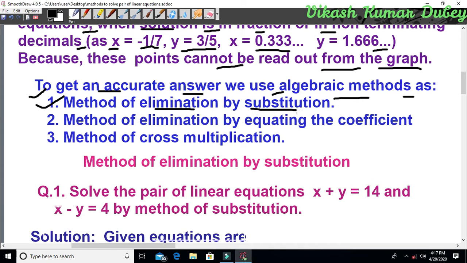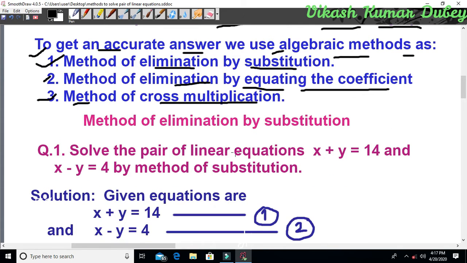Second is elimination by equating the coefficients of variables x and y, and third is the method of cross multiplication. Today we will discuss the method of elimination by substitution.